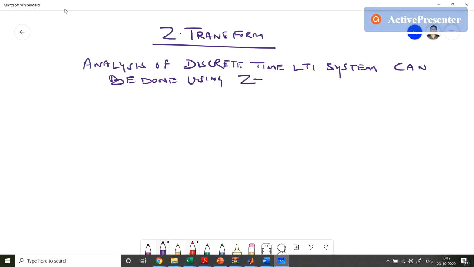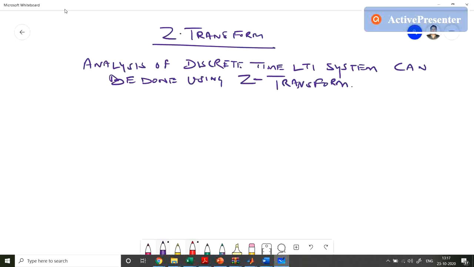If you remember, we used the Laplace transform for continuous time LTI system analysis. In the same way, the Z transform is the counterpart for the discrete time LTI system, and its analysis can be performed using the Z transform.